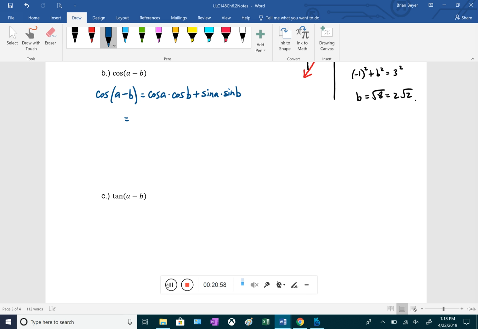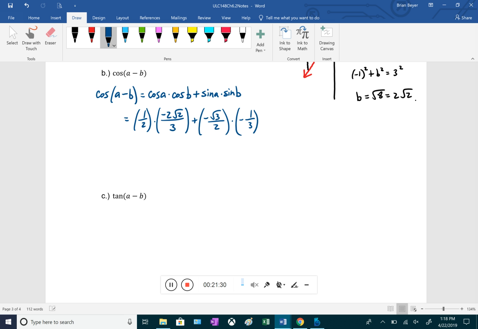Okay, so cosine A is given to us, that's equal to 1/2 times cosine B. Cosine B is negative 2 radical 2 over 3 plus sine A. Sine A is negative radical 3 over 2. And sine B given to us is negative 1/3.